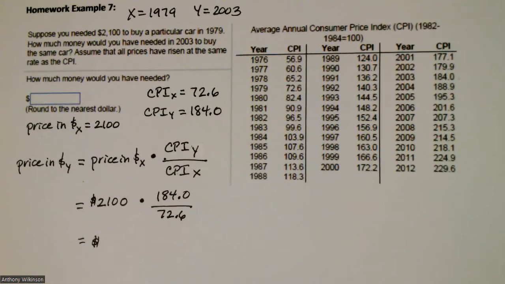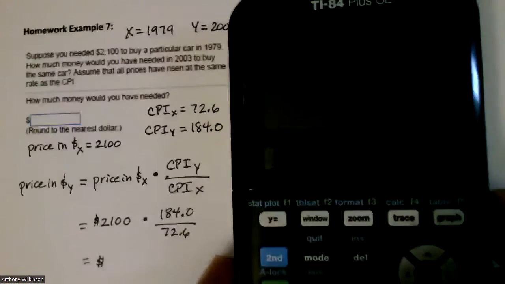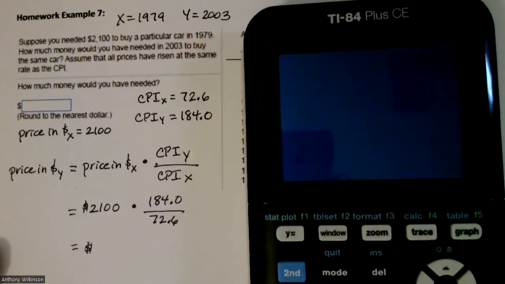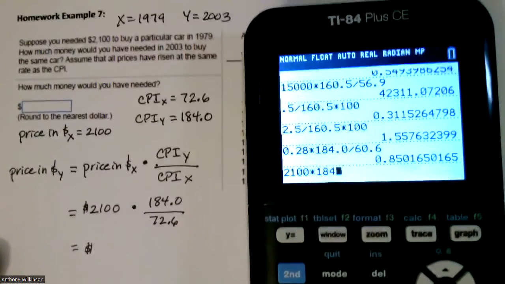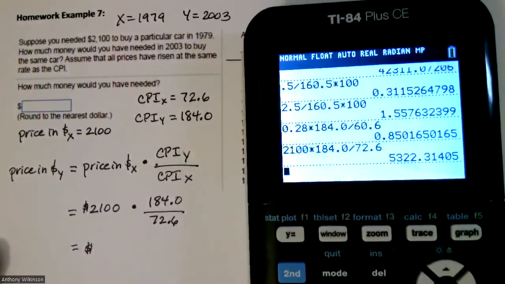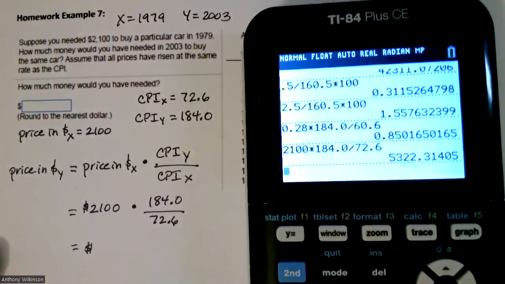Okay, so using our calculator and rounding to the nearest dollar, $2,100 times 184.0 divided by 72.6. To the nearest dollar, it would be 5322.